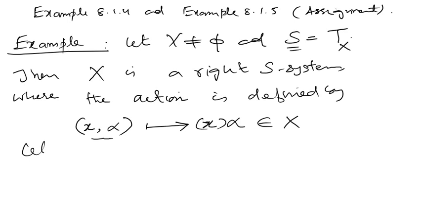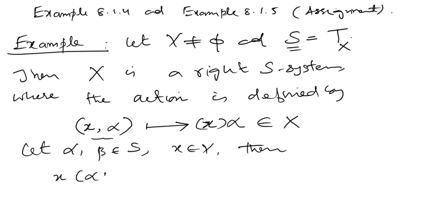Let alpha, beta be in S and x is in X. Then we have this x alpha beta. Okay, this is equal to, this is the definition of composition, x alpha beta.